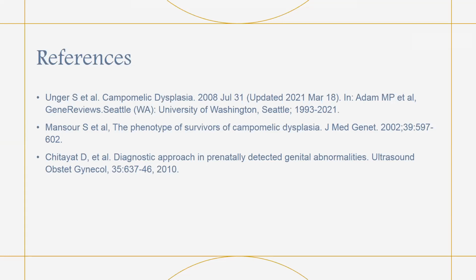Mm-hmm. Definitely having a multi-team approach by getting any available services coordinated beforehand for a planned delivery. And I think you mentioned a few times, I forgot to mention earlier, definitely having the blood bank notified, because you can have a pretty significant amount of blood loss with these.